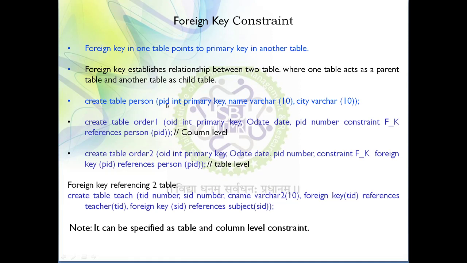In the person table we are storing the information of the person, and in the order table we are maintaining the information of orders placed by that particular person. So this person ID is present in both tables.